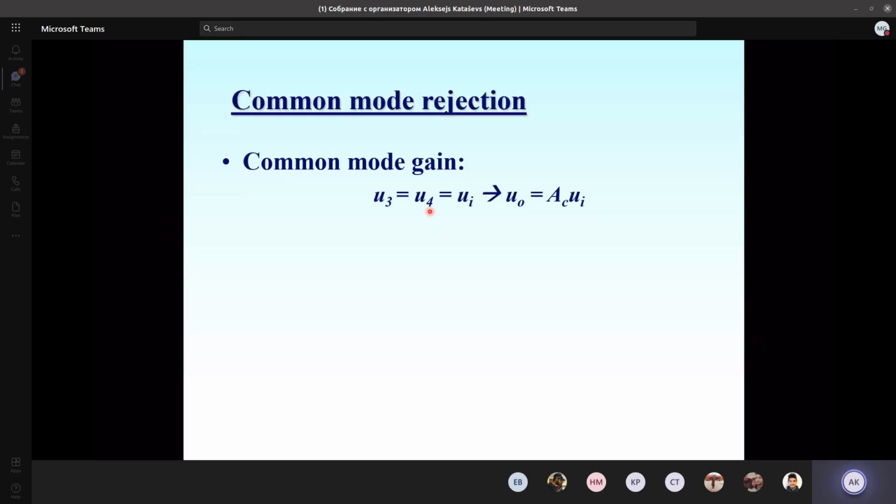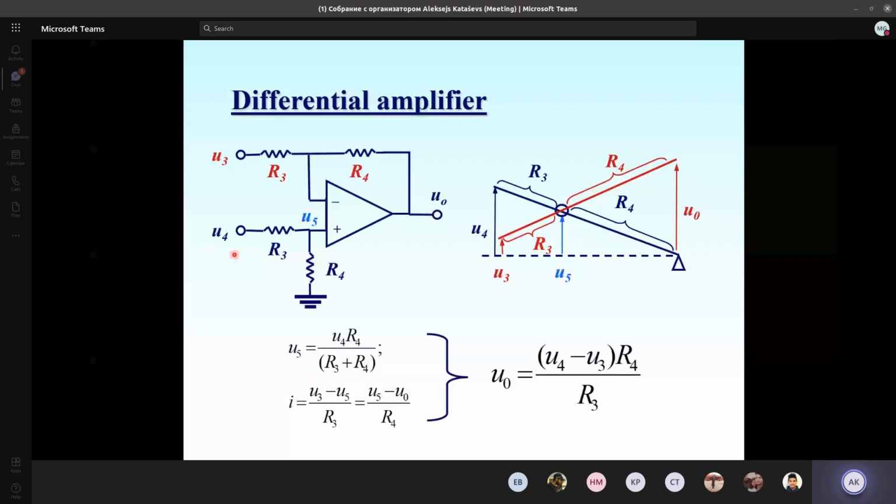What are we expecting in theory for the ideal differential amplifier, if U3 and U4 are equal, what should be the output? Any ideas?